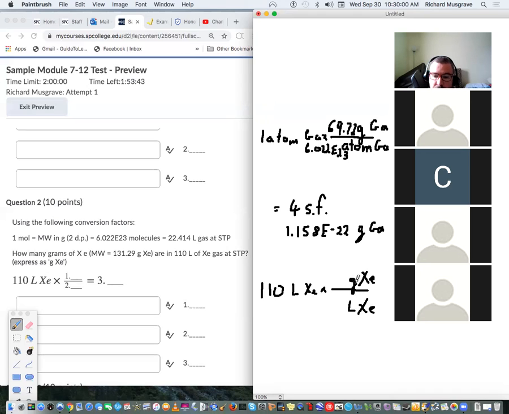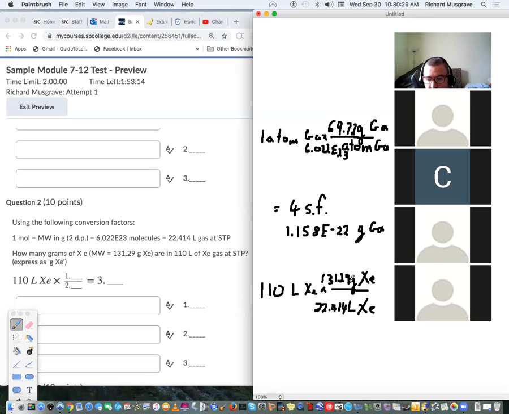And now we're looking for a relationship between grams and liters. And the grams and liters here would be grams of Xe, liters of Xe, and the relationship is molecular weight to 22.414 liters. So I'd write in 22.414 liters on the bottom, and then on the grams it would be the molecular weight, which is given in the problem, 131.29.